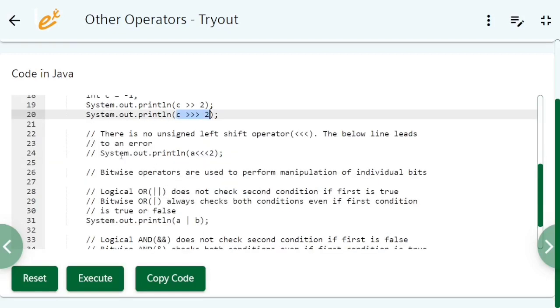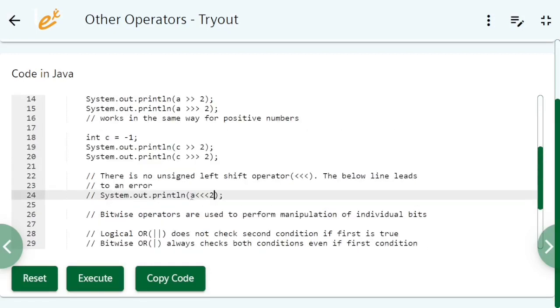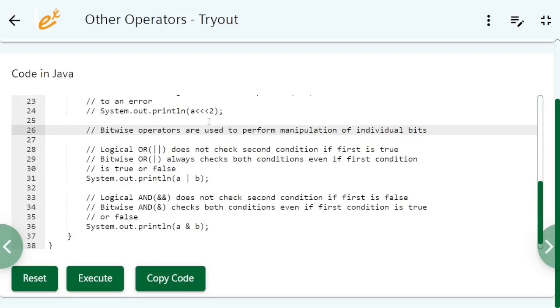Okay. And here we are computing this. See, here we are doing something weird. We are left shifting, and that also we are doing unsigned left shifting. So have we read about this unsigned left shift? Yeah, definitely not, because there is no such thing in Java. You can't do this. There is no provision for this.